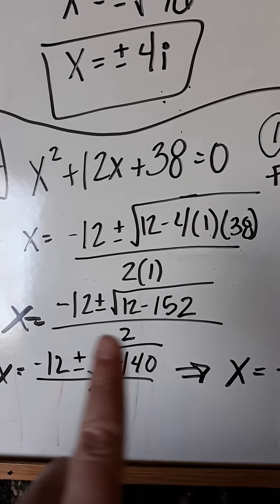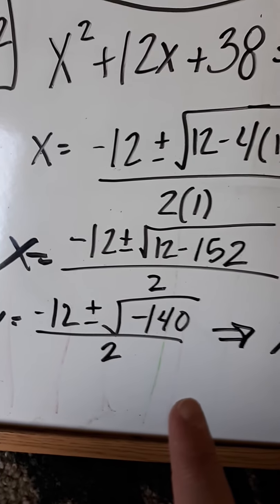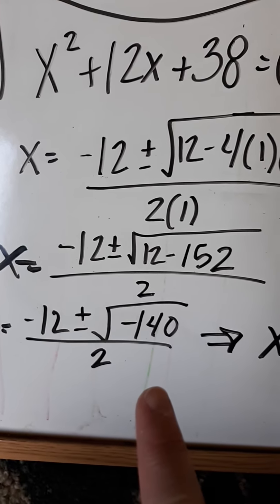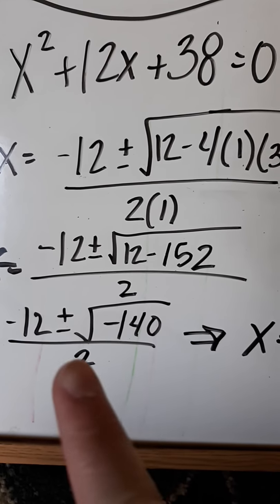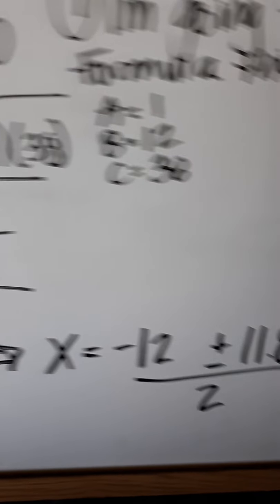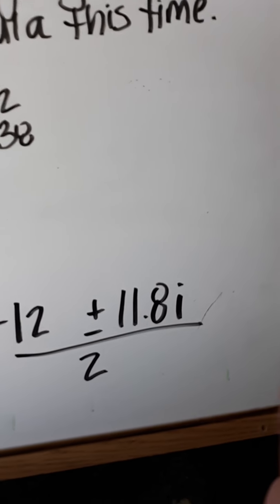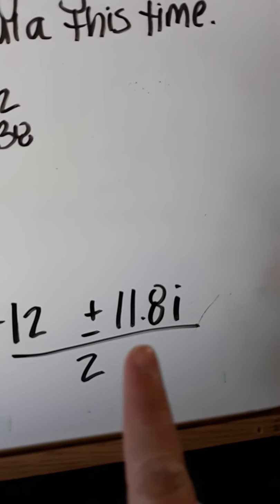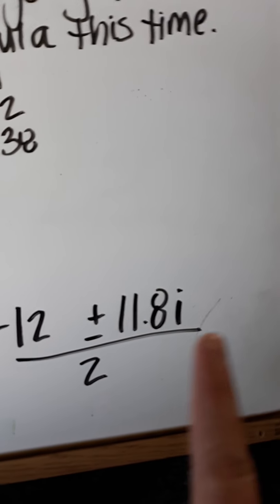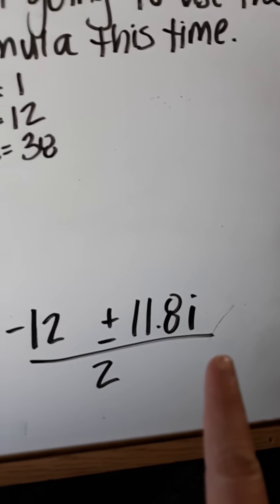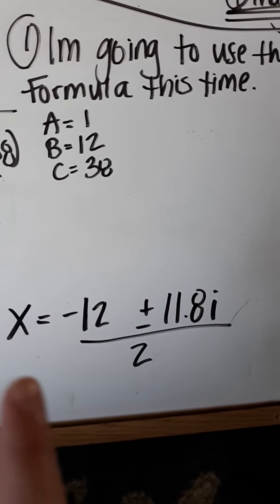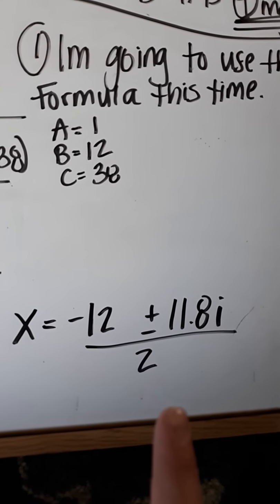So I plugged that into my calculator. I did square root 140, and I got 11.8, and then there's a bunch of numbers after, so I just rounded it to 11.8, and I put an i right after. I'm just going to keep my answer like this for right now.